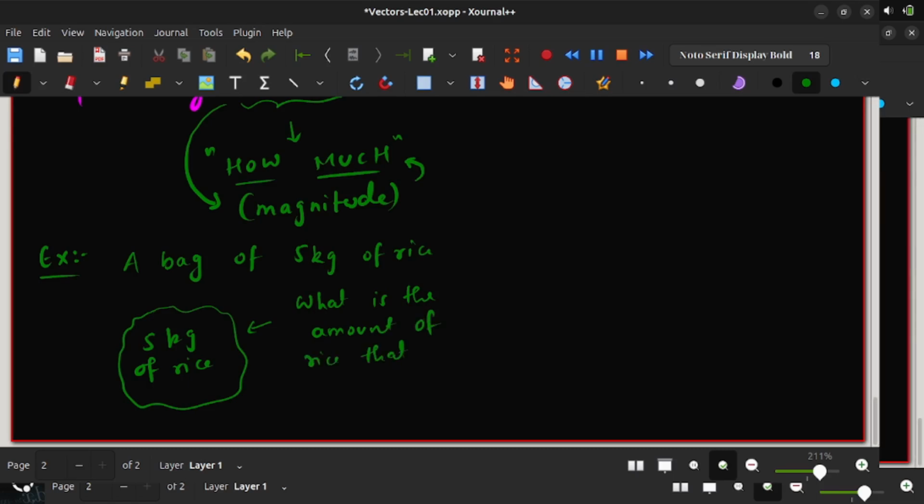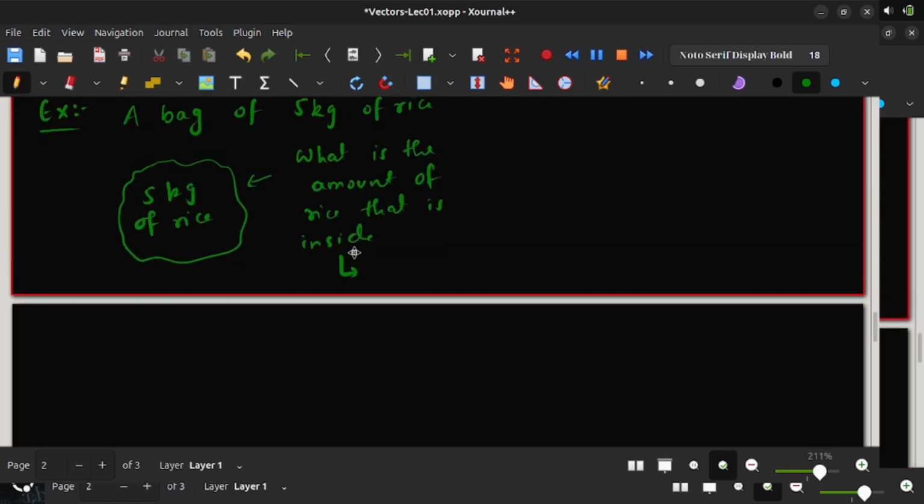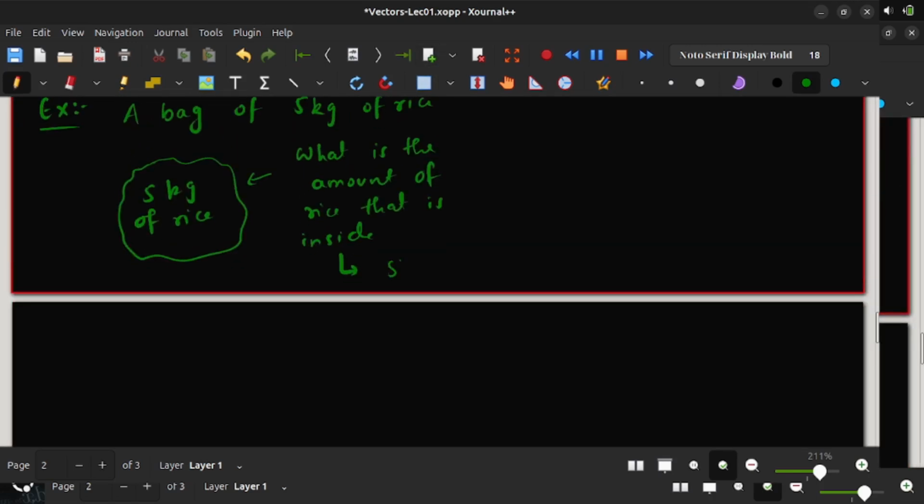And then you give a single number, right? A number is your answer, and that number suffices, and that number will be 5 kilograms. This number suffices to tell me about the physical quantity that we are considering. And what is that physical quantity? It's the mass of this rice.